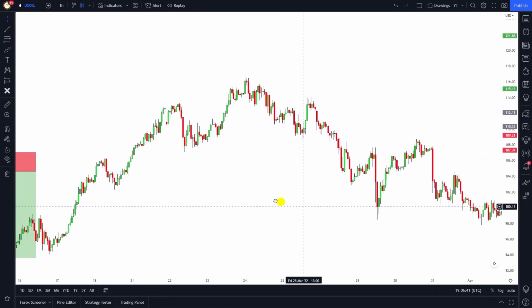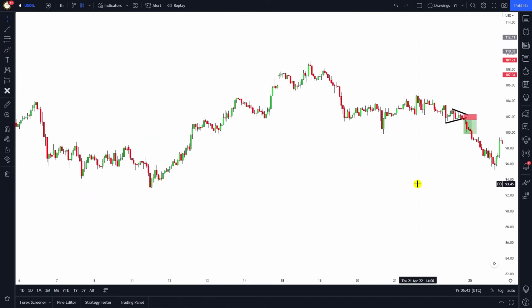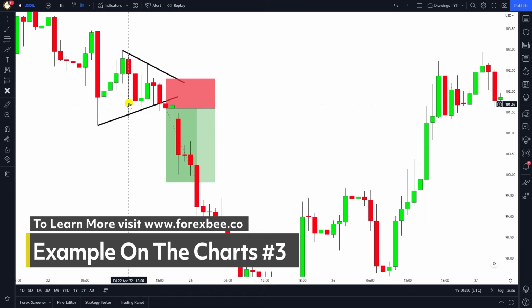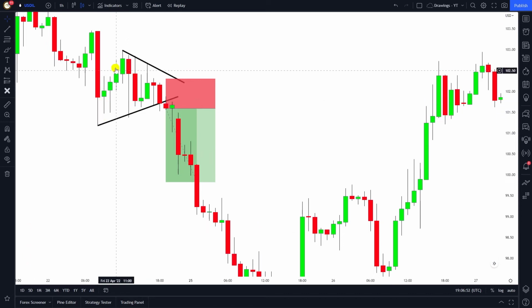Now let me look at another example. As you can see here as well, if we go to a lower time frame, you'll be able to see that there is a formation of this triangle pattern, and there are 3 waves inside it.